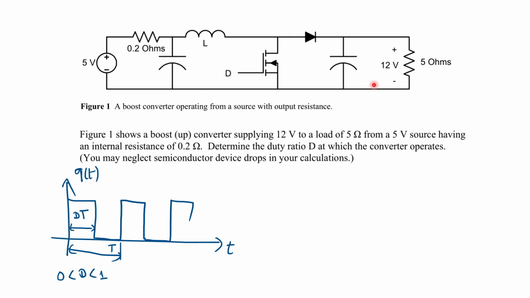That you can make this boost converter operate where you have a voltage source of 5 volts and a load voltage of 12 volts. What should we do?